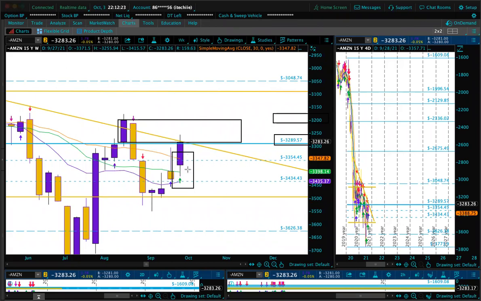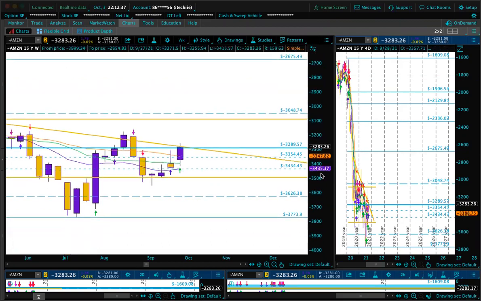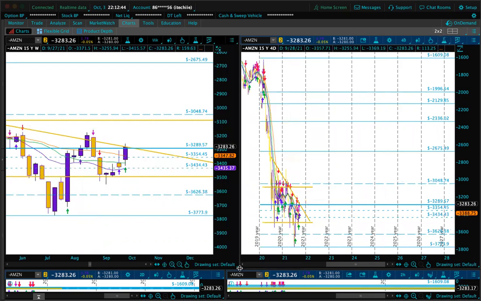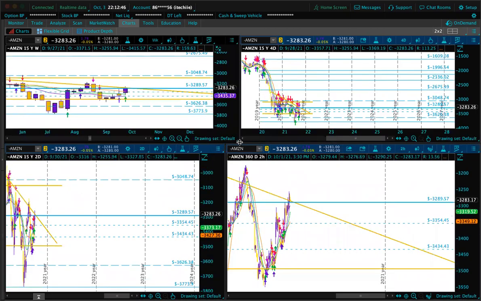The fact that we are above, and this is on a weekly chart, I wouldn't mind the inside week for Amazon. What I like, and this is the thing you guys gotta understand, you guys rush for a move to happen, but it's better when it's set up perfectly so that when it does drop, it drops hard. You don't want just slow drops, because slow drops make premium decay too. You want steep drops.